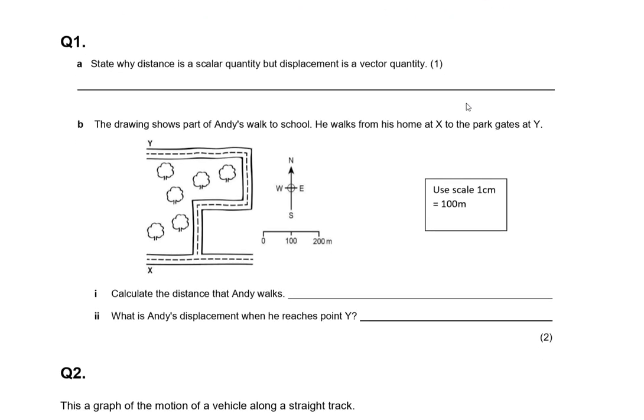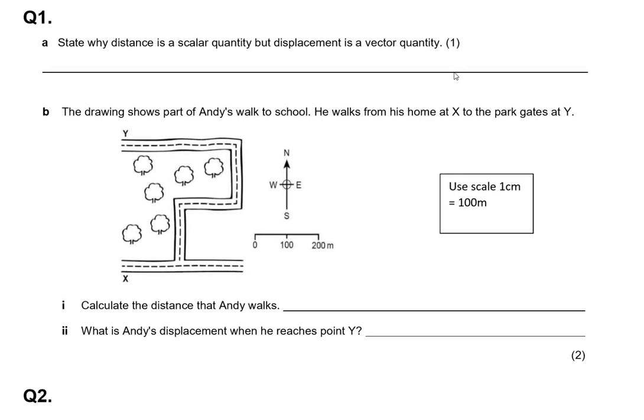The first question: state why distance is a scalar but displacement is a vector. This is because distance only has magnitude, and displacement has both magnitude and direction.